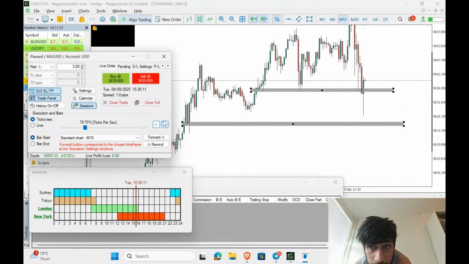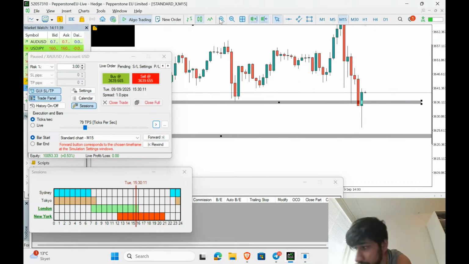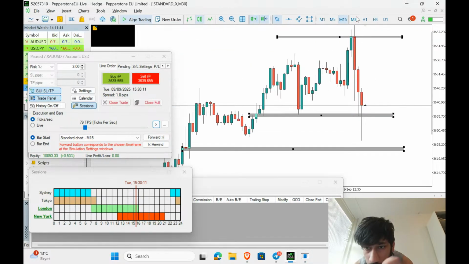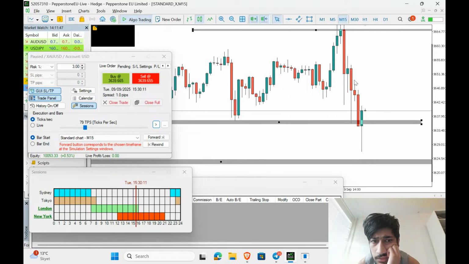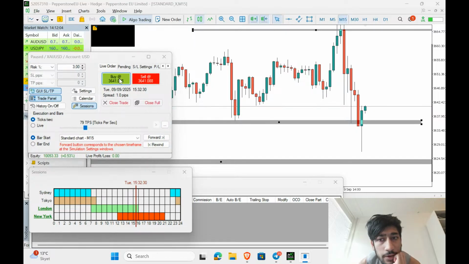See, I said, and we formed support. This candle closed above H1, M30, M15. If this candle wicks down and breaks above the high, there is a very high probability we are moving up. Just like that. Yep, baby, right over here.